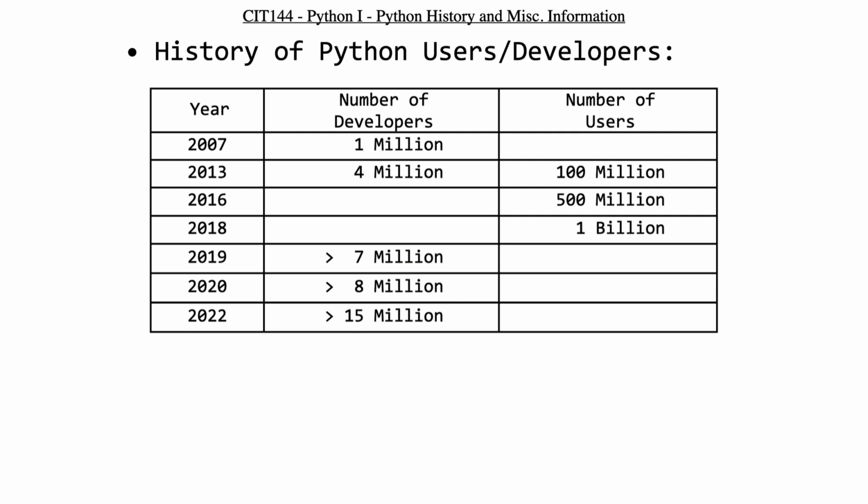Now, I told you that Python was a general purpose programming language. There is a website called Statista that has statistics, and they do a survey occasionally. What I'm going to show you next is a survey that they did in 2021 related to Python, where they asked people what they were using Python for.